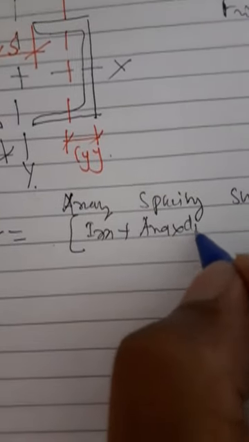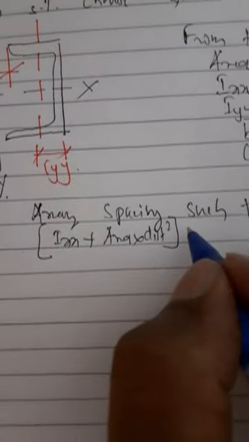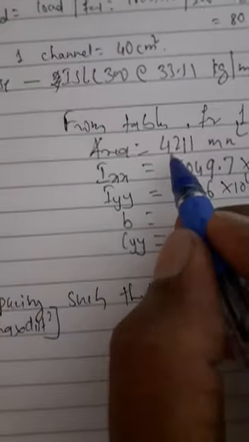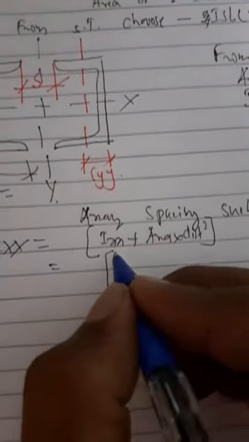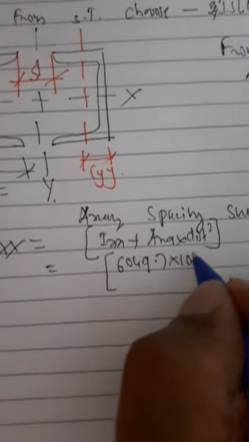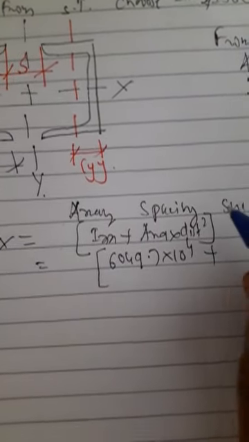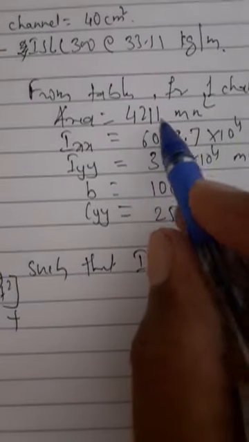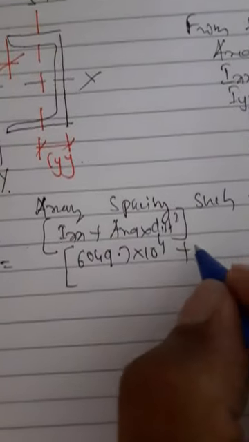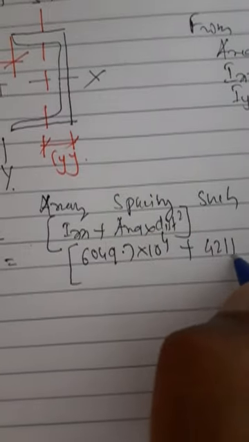So small IXX is 6049.7 into 10 raised to 4 plus area of one section 4211 into CG distance.